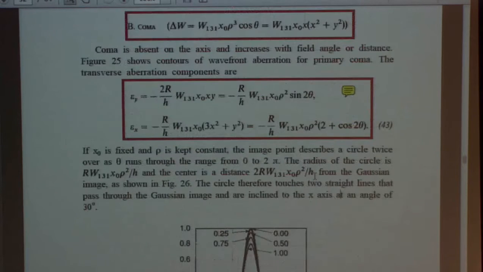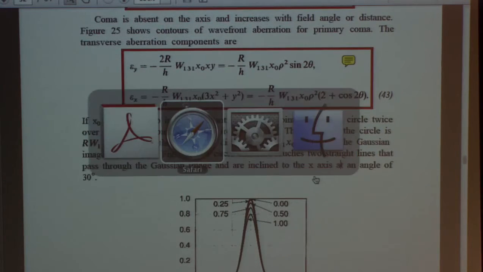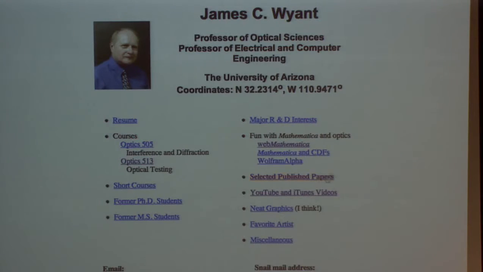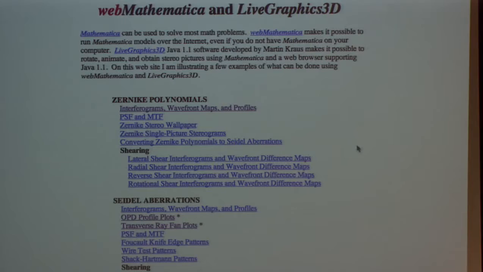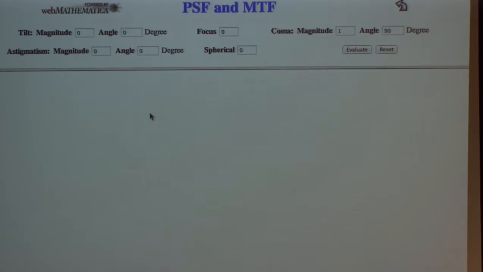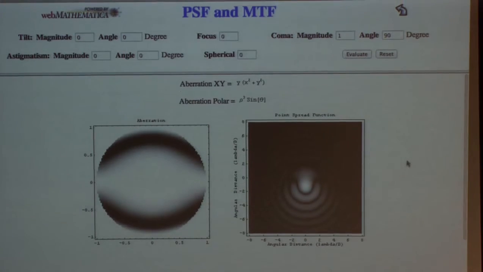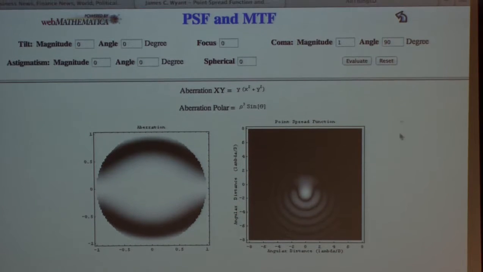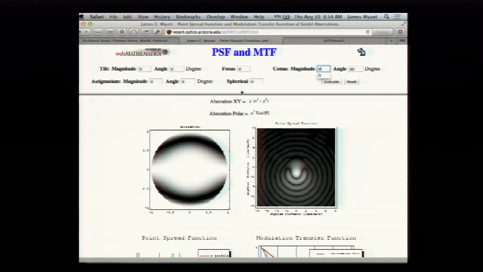Okay, before we go on to coma, let's go to my website here. I have this portion up here called Web Mathematica. If I come down here, Seidel aberrations, point spread functions. What I have coming up by default is coma. So let's get rid of our coma, since we haven't talked about coma yet, and just put in a couple waves of defocus.